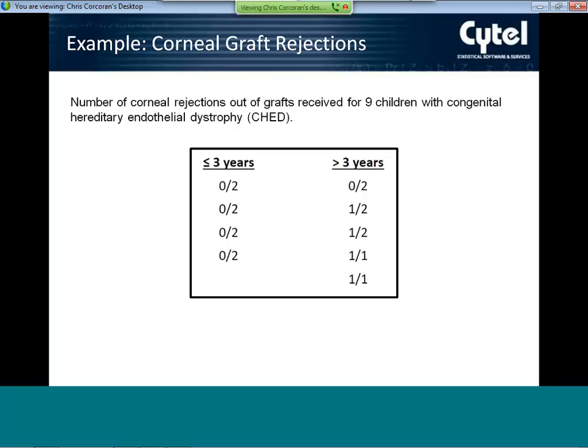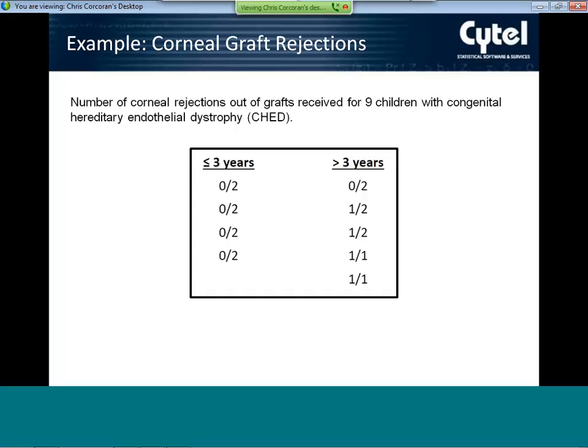And so in terms of trying to assess whether or not there's any association between age and rejection rate, there are 2 issues. One is that since all of the rejections occurred in the older age group, it's hard to compute something like, say, an odds ratio when either the numerator or the denominator is going to be 0. We're not going to be able to do inference.